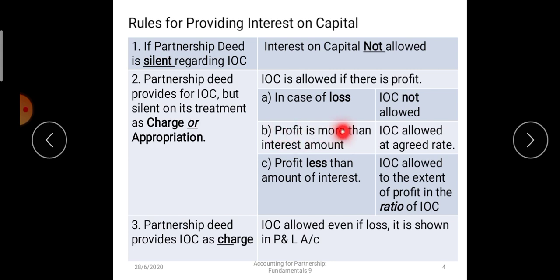If enough profit is there, interest on capital will be allowed at the agreed rate. And this one is important: if less profit is there, then the available profit will be distributed in the ratio of interest on capital, not in the profit sharing ratio. And if interest on capital is treated as a charge, it will be debited to P&L and it will be allowed even if it results in loss.